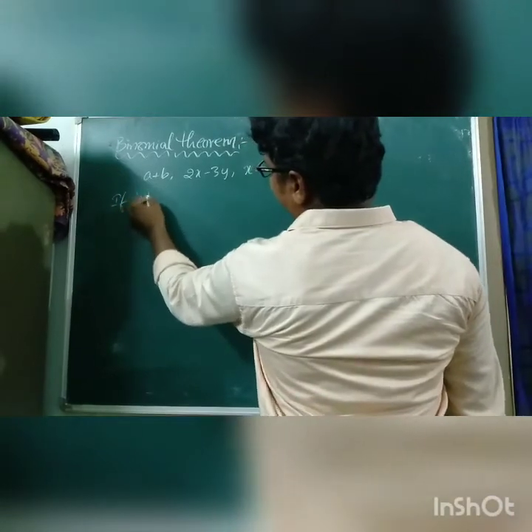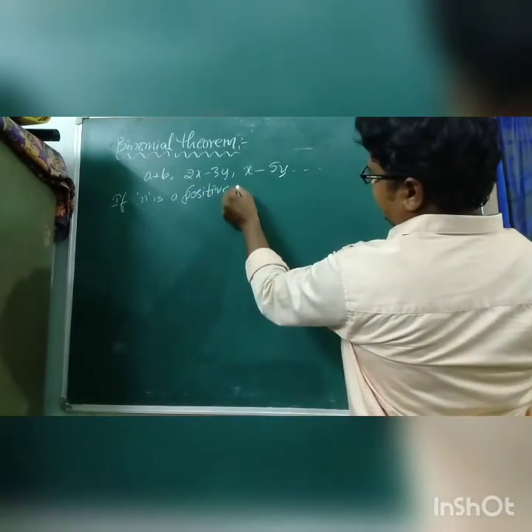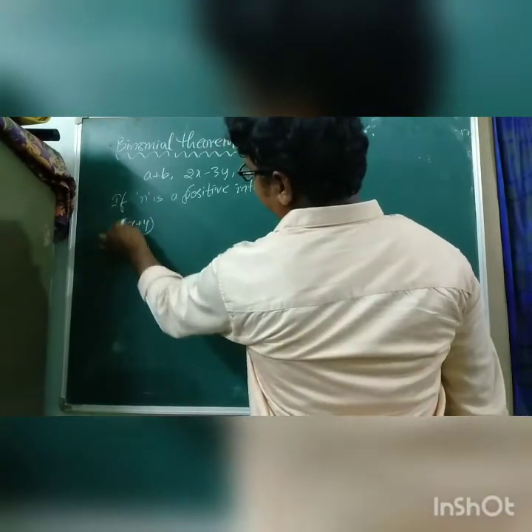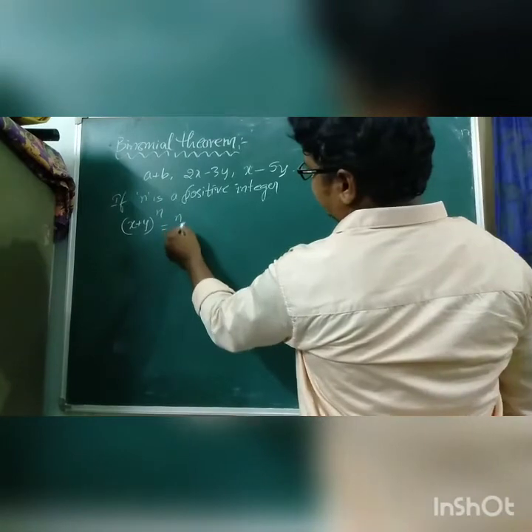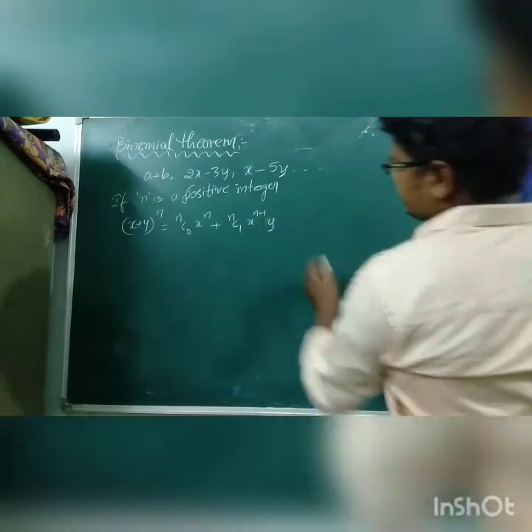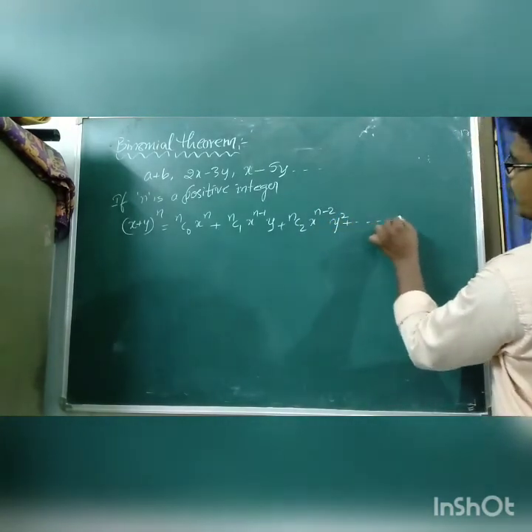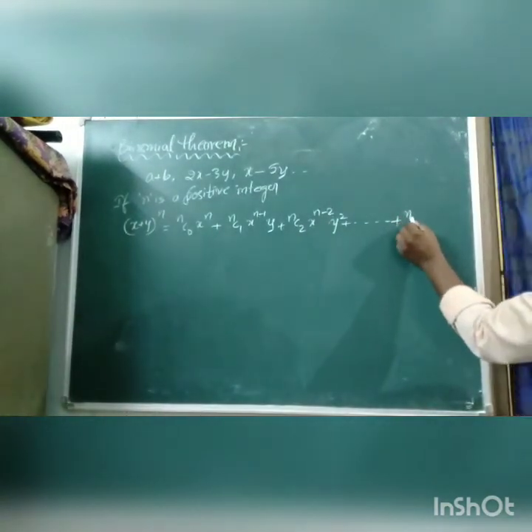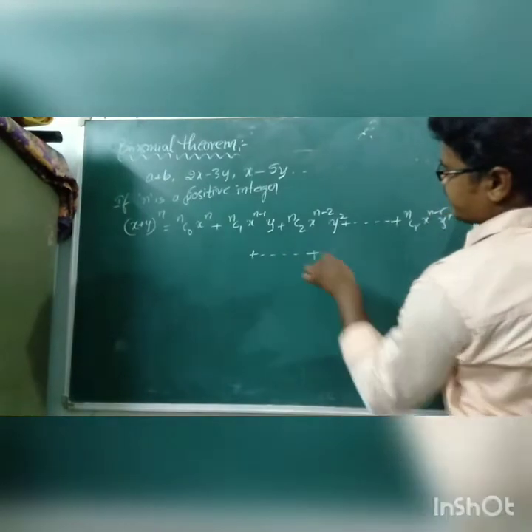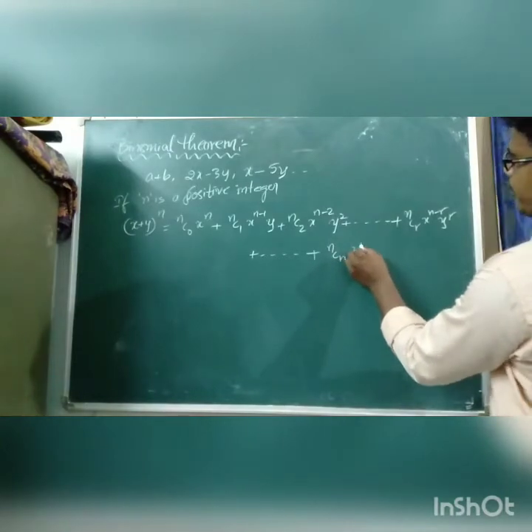The meaning of binomial theorem: if n is a positive integer, then (x plus y) whole power n is equal to nC0 x power n plus nC1 x power (n minus 1) into y plus nC2 x power (n minus 2) into y square, and so on, plus nCr x power (n minus r) into y power r, and so on, plus nCn into y power n.